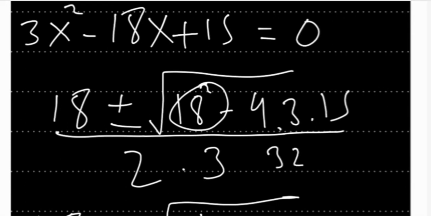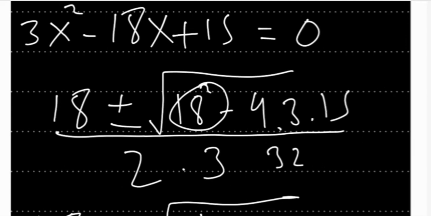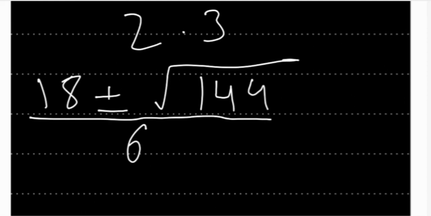is 324. Okay, 4 multiplied by 3 is 12. 12 multiplied by 15 is 180. So 324 minus 180 is 144, right? 144. So divided by 6.